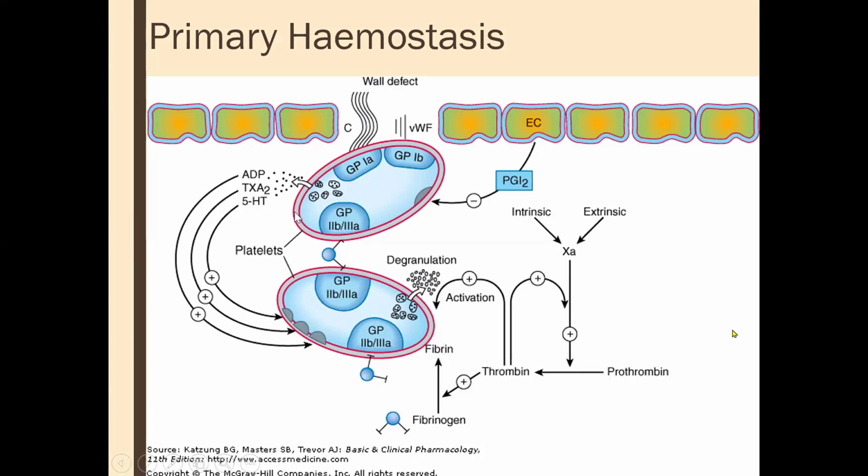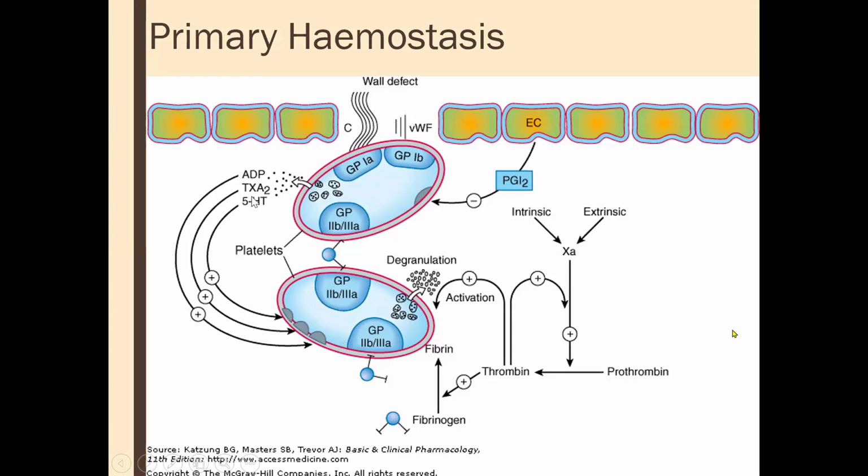So these are the aggregatory mediators, right? We have drugs that target the action of ADP and thromboxane A2, but not serotonin. We don't have available drugs that target serotonin, but we have thromboxane A2 inhibitors like aspirin, and ADP inhibitors like ticlopidine.